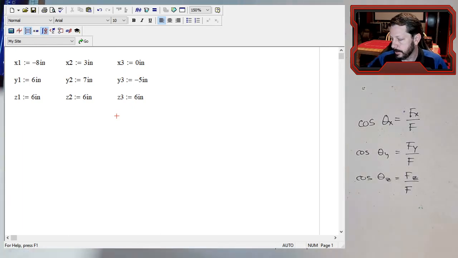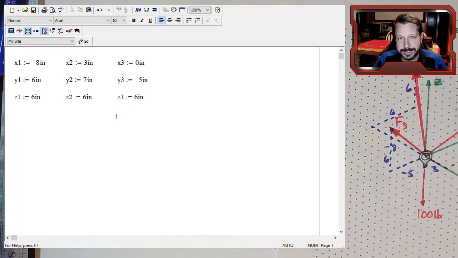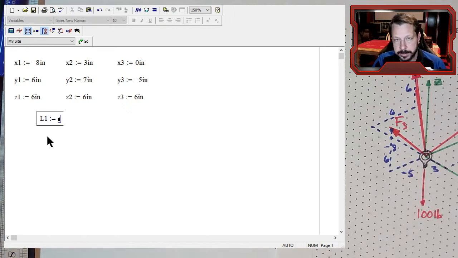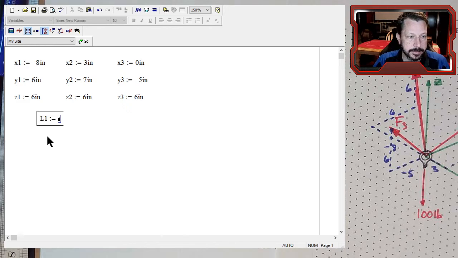These x, y, and z numbers that I have here are distances. So I'm basically going to calculate the length of cable 1, and the length of cable 2, and the length of cable 3. And they're really just force vectors, so their lengths don't necessarily relate to their magnitudes in this case. It's really just so I can get their actual directions.